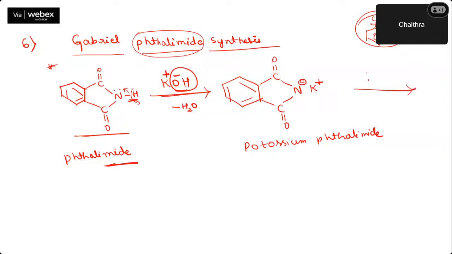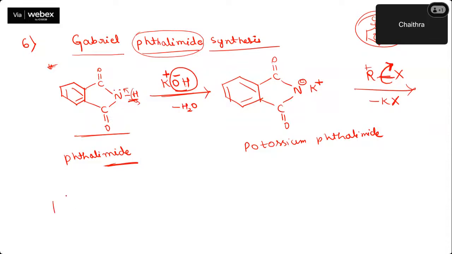Now what will I do? I will take an alkyl halide, RX. Now you tell me, after removing this, how does the alkyl halide leave? It's a polar bond. So X minus. Now R plus is there, right? Now what will happen do you think? This K plus takes X minus and goes out as byproduct KX.